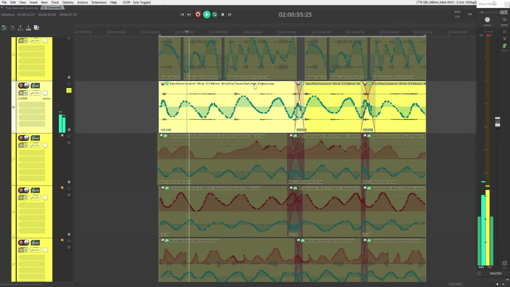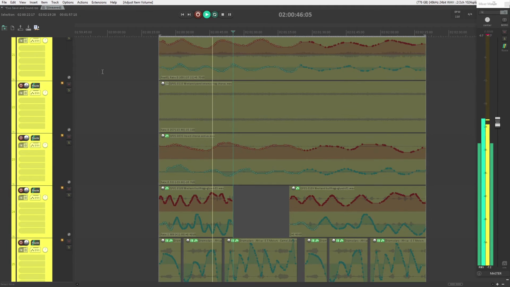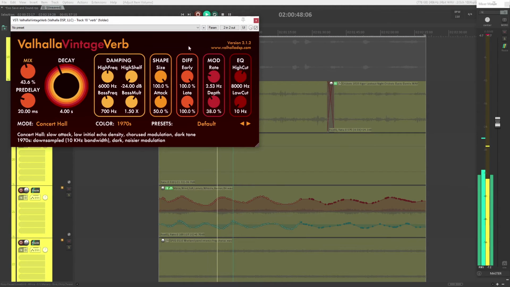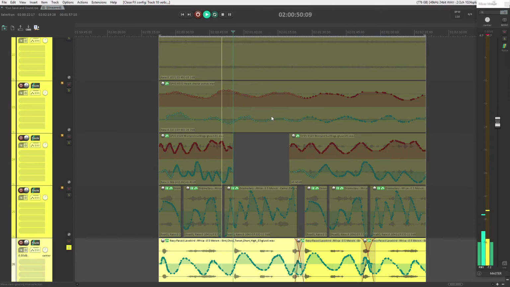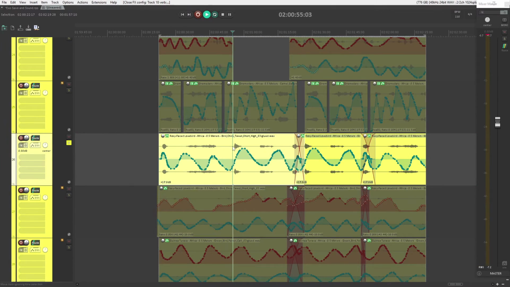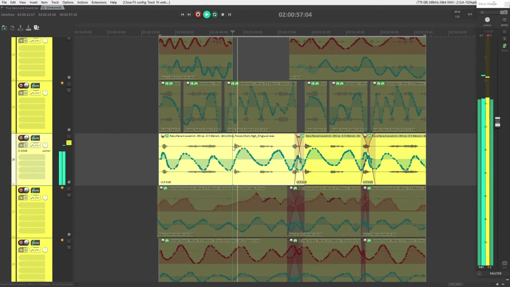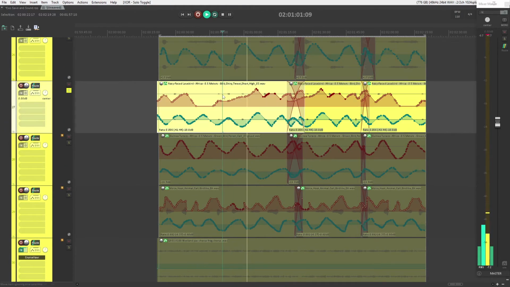We have a lovebird. The reverb is hiding some of the weirdness from the stretching. There you go, there's a little cute lovebird.